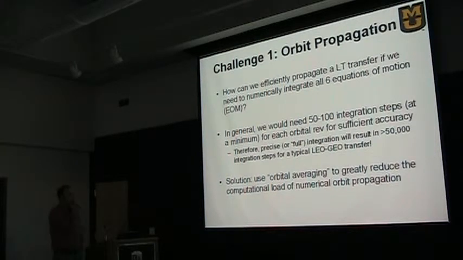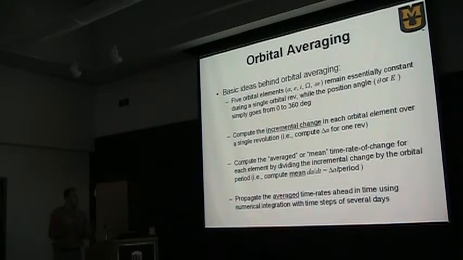The solution to this problem, since I don't want to have 50,000 integration steps, is to use this concept called orbital averaging. So let me just talk about that briefly. This does involve some math, but I'll try to explain it in a simple fashion. The orbit has these orbital elements, and they are geometric elements like the size of the orbit, the orientation of the orbital plane, and the eccentricity of the orbit, how skinny or fat the ellipse is.